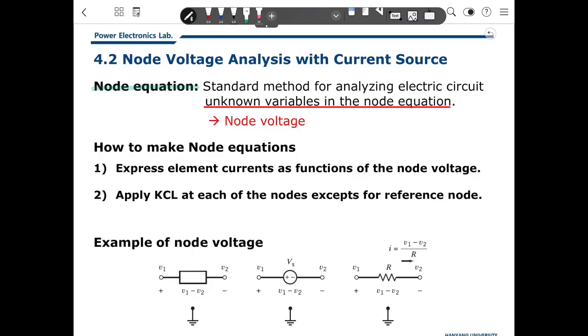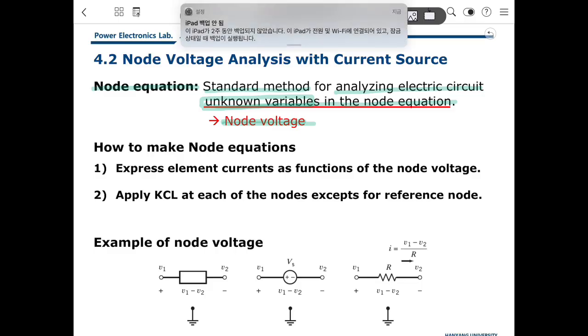It is a standard method or technique for analyzing an electric circuit, with the unknown variables in the node equation being the node voltages. So in an electric circuit, the node voltage is a kind of unknown variable. To calculate simple equations based on the node equation, we gather the unknown variables, that means the node voltages.